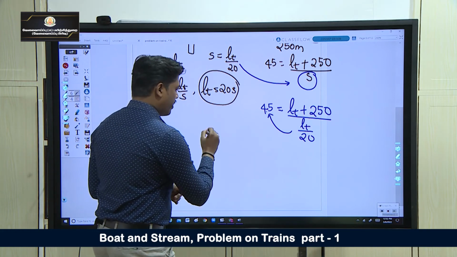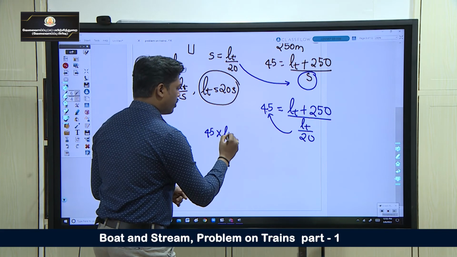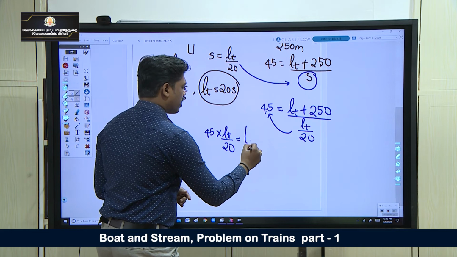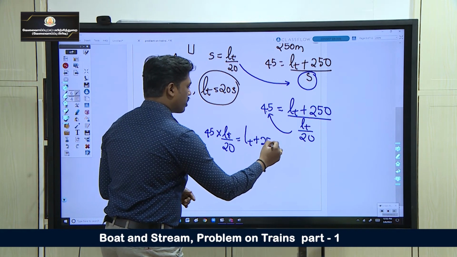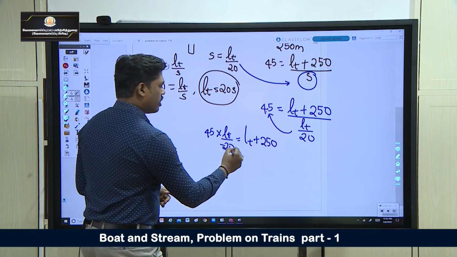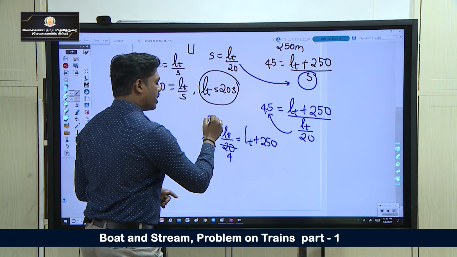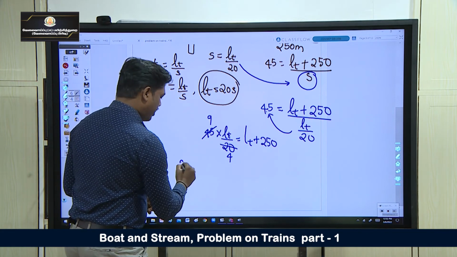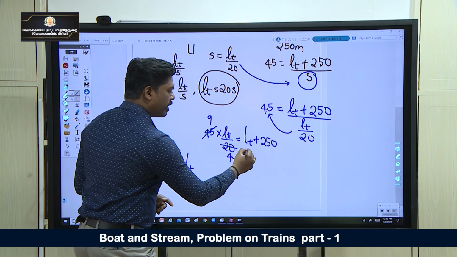Bring this here. You will be having 45 into length of train divided by 20 is equal to length of train plus 250. So what happens here? 5 4s are 20, 5 9s are 45. So 9 into LT, you will be having 9 LT. This 4 would be going here.